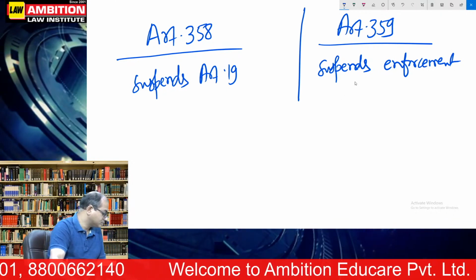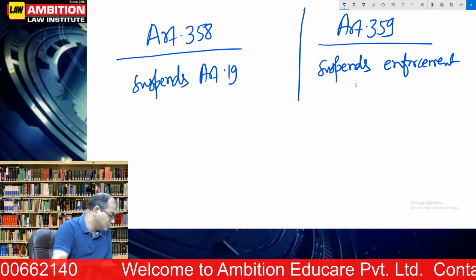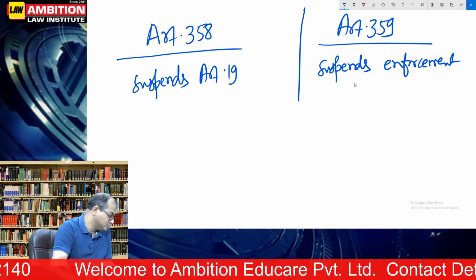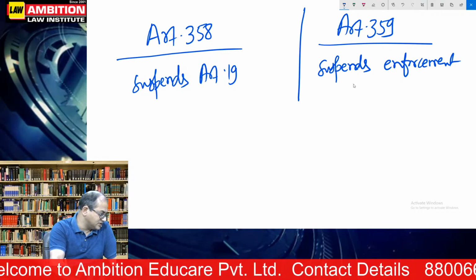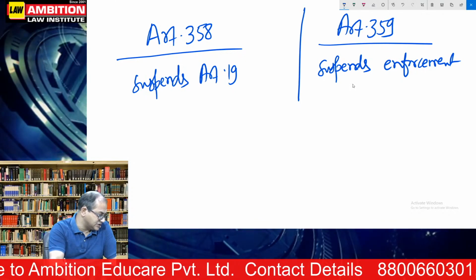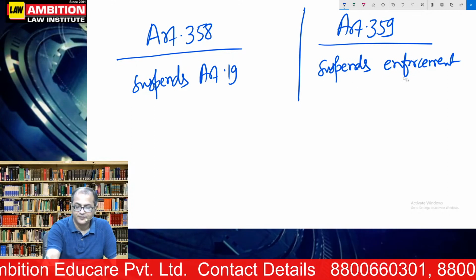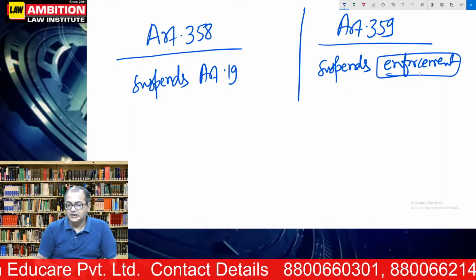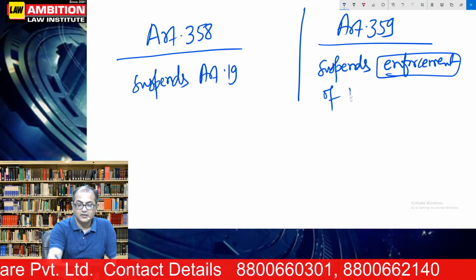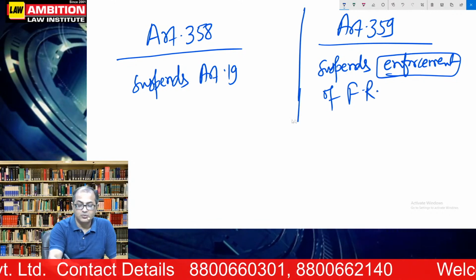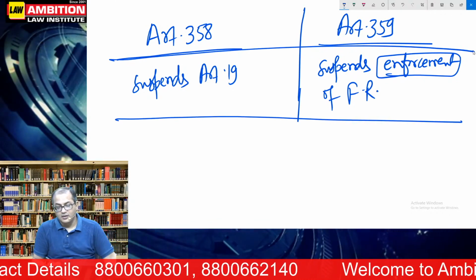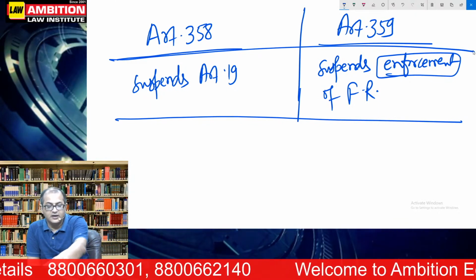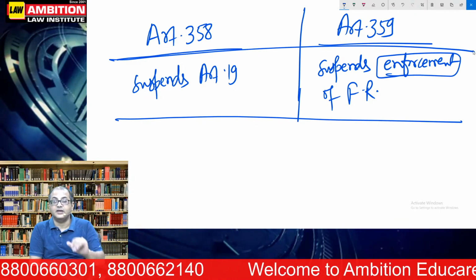No? If you see point number 2 in your material, page 344 also, it says it only empowers the President to suspend enforcement. So what is the meaning? That you cannot go to court for enforcement of fundamental right during emergency. This is the meaning.